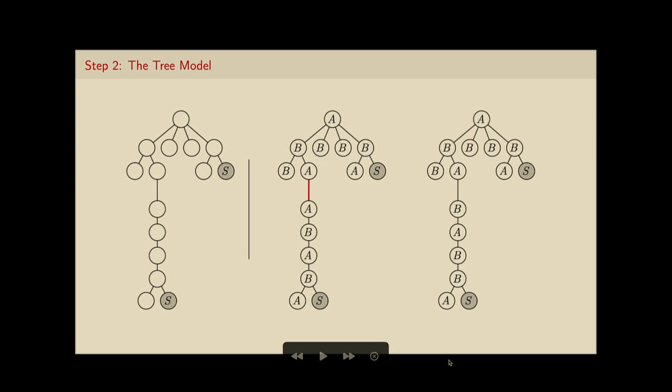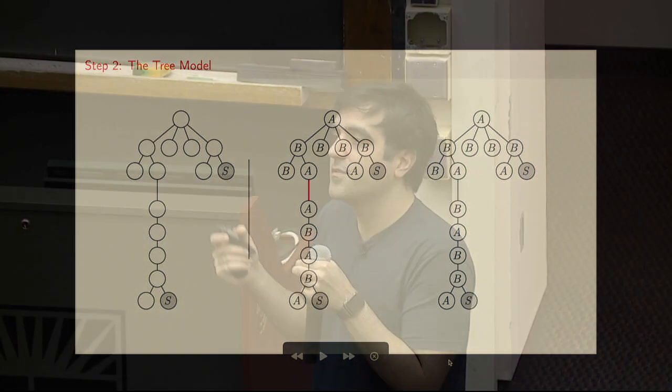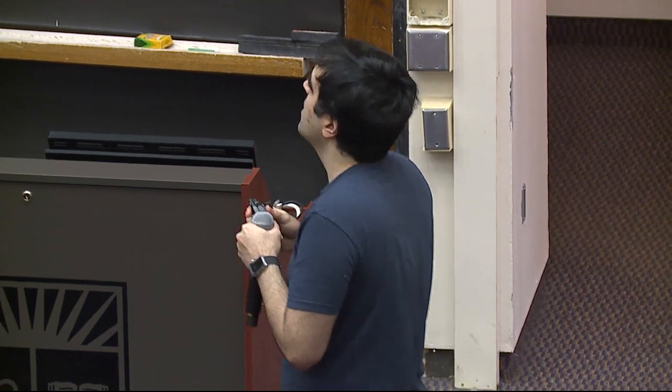For example, here, this is a possible outcome. Here, we have passed through an AA edge. On the right, we have not passed through an AA edge and have seen the same tree. Basically, the question is, how large does this tree have to be for it to be statistically significant enough for us to be able to distinguish the yes and no distributions?